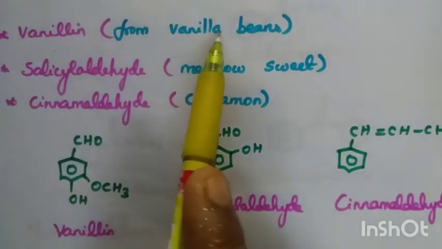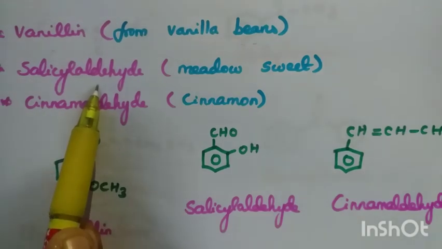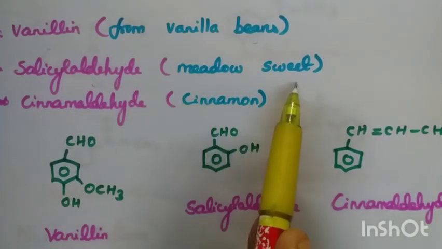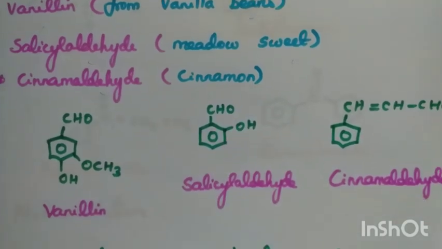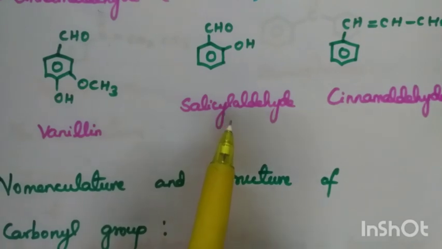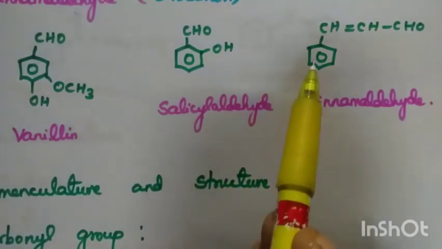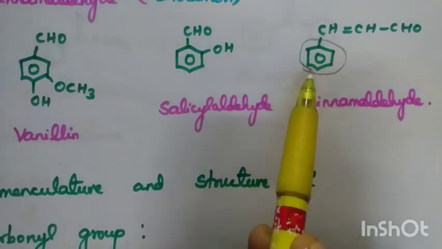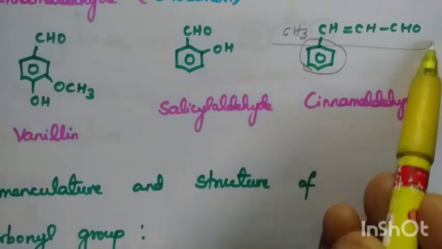Vanillin is from vanilla beans, the source from which it is derived. Salicylaldehyde, mildly sweet. Cinnamaldehyde, cinnamon. So this is the structure of vanillin, salicylaldehyde and cinnamaldehyde. C6H5 means cinnamaldehyde. If CH3 is attached here, it is called crotonaldehyde.